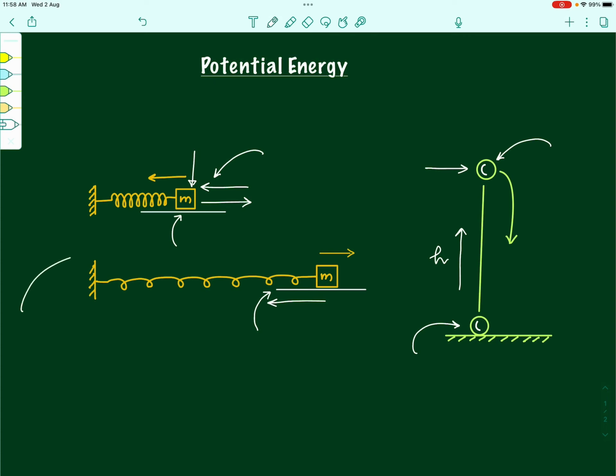For example, in this first example, there was a spring block system whose configuration was changed from its natural length configuration, right, and it is because of this change in configuration the spring block system gained the potential energy, right. So, this is how we give the definition of potential energy. The basic definition says that it is the energy possessed by a body due to its position and or configuration.